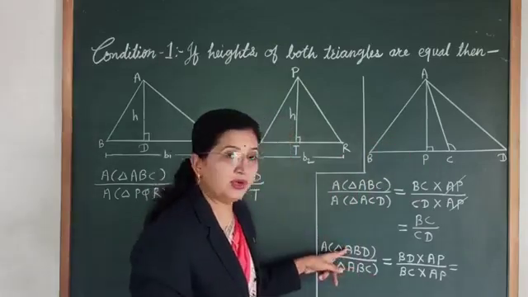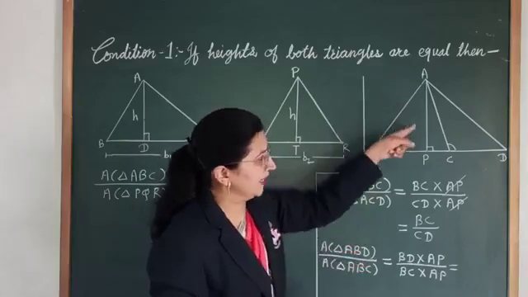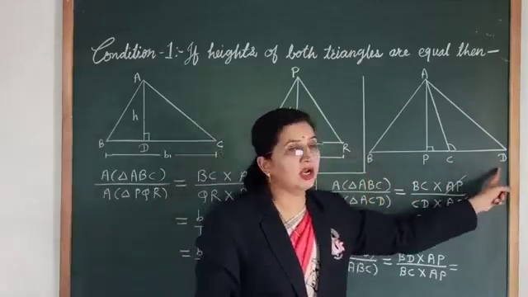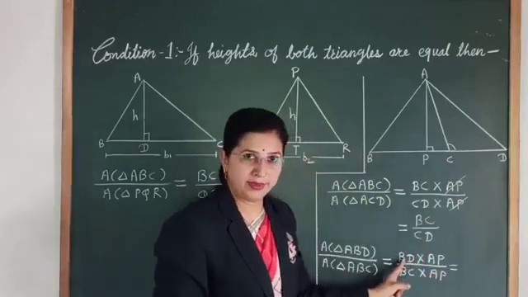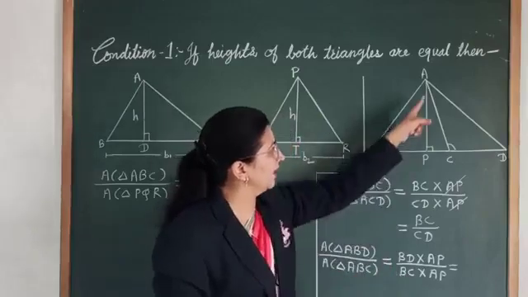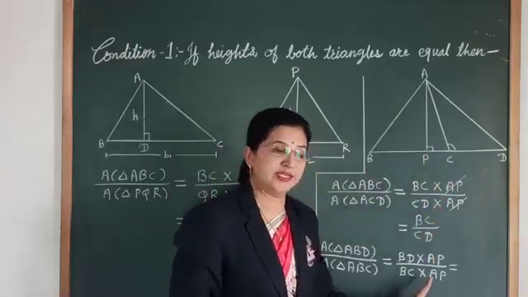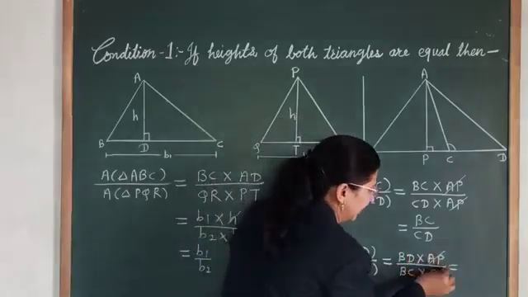So here if we take triangle ABD and ABC. For ABD, AB is the height. It is perpendicular on BD. BD will be the base. Base into height AB. Similarly for triangle ABC, AB is the height. It is on BC. So BC into AB. Here also it will get cancelled.